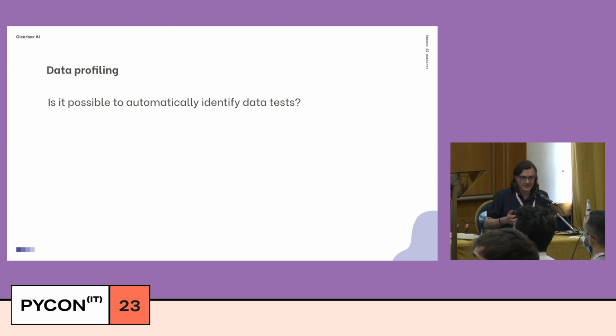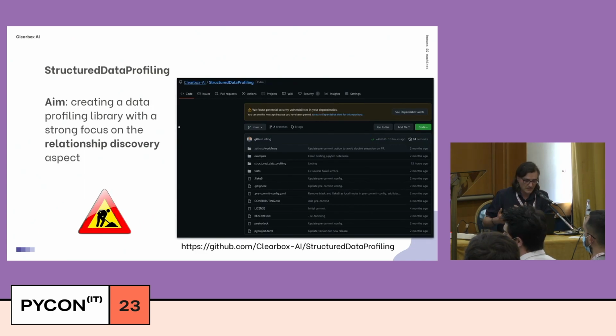The idea is like, can we automate this process of creating data tests? And that's the concept of data profiling. So try to find a way to generate this kind of expectations as automatically as possible. Unfortunately, with 100% accuracy it's impossible, because it's not possible to completely understand the semantics of a data set without a data expert. But it's something I wanted to share with you today, because we are working on a library to create this kind of profiling.